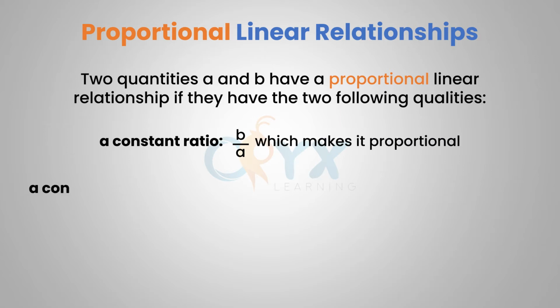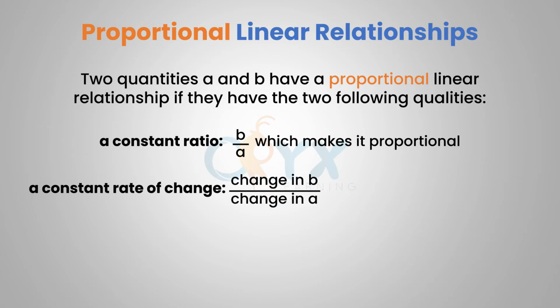Second, they must have a constant rate of change, the change in B over the change in A, which makes it linear. So remember, a linear relationship is a straight line relationship that has a constant rate of change. A proportional linear relationship not only has the constant rate of change, but also a constant ratio, B over A.